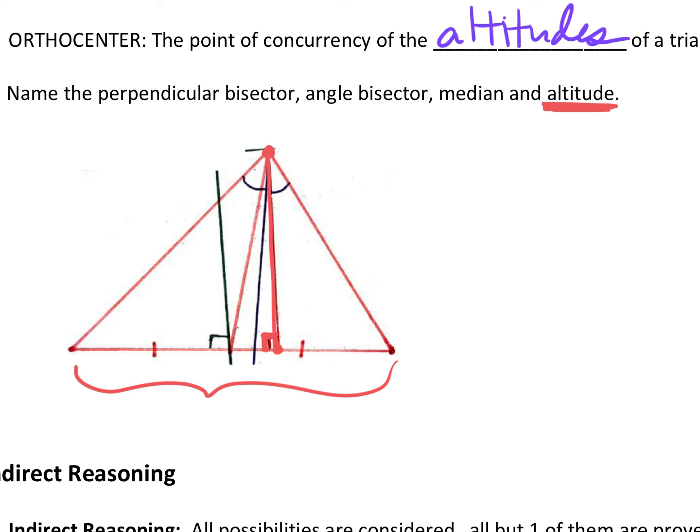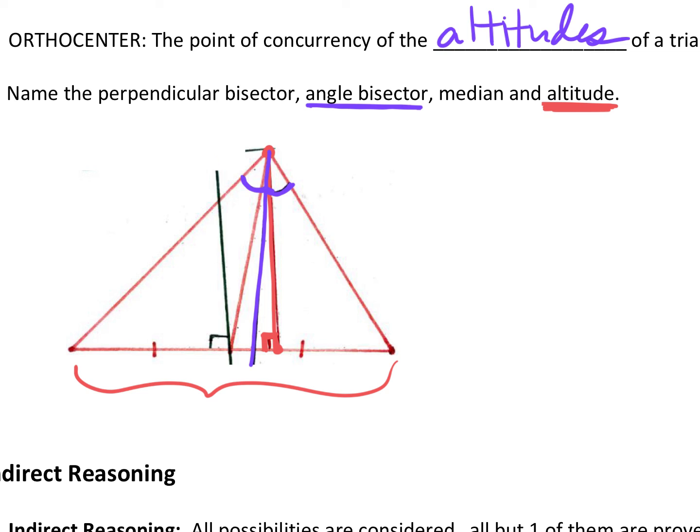Can anyone tell me what this one is? Angle bisector. That is the angle bisector, okay? Again, it doesn't have to be the middle of the segment. It has to be the middle of the angle. So because of these markings, that is our angle bisector. Okay.